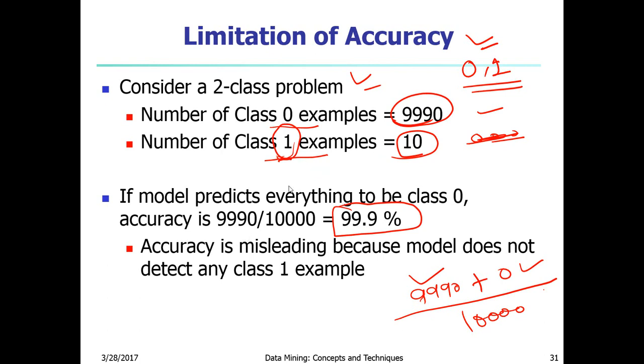Why so? Because the percentage of 0 in the data set is quite high, and that's not a very good metric to consider in such a case.